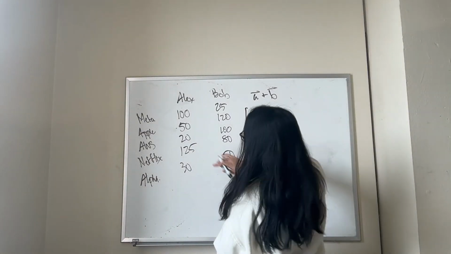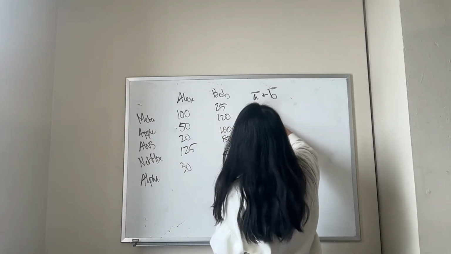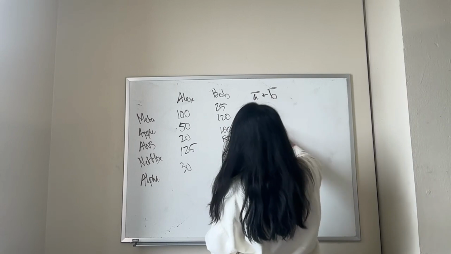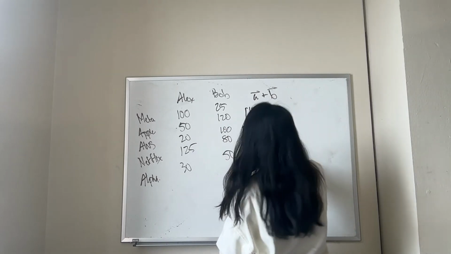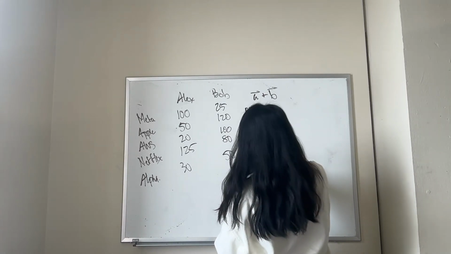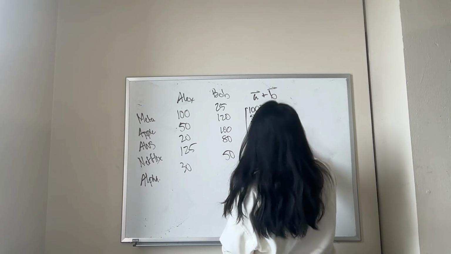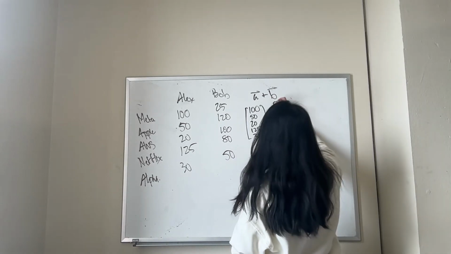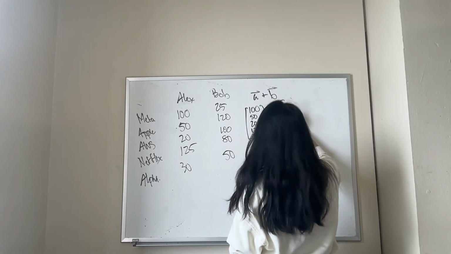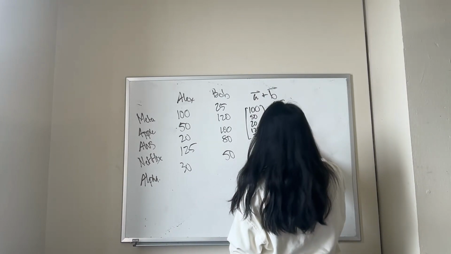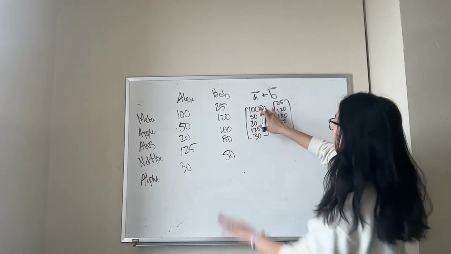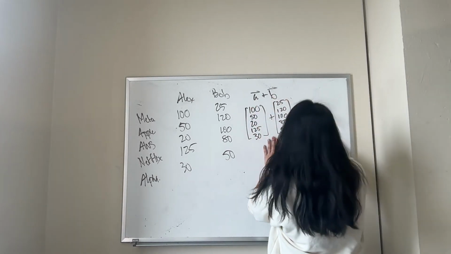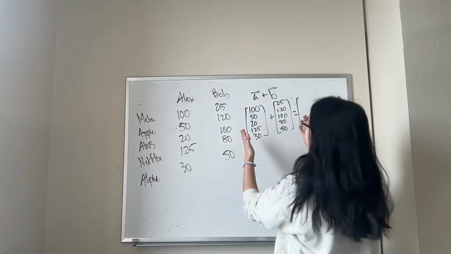So let's start by writing down all the components for Alex, or the vector A. So we have 100, then 50, then 20, then 125, and then 30. And then for vector B, we have 25, 120, 100, 80, and 50. And now that we have the components for both of our vectors, we can do vector addition.